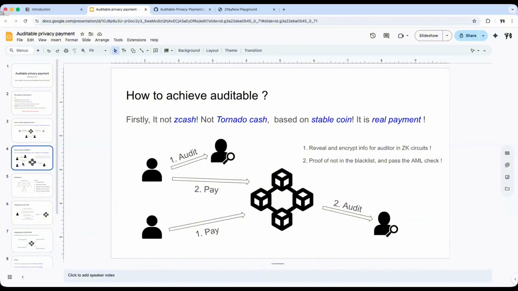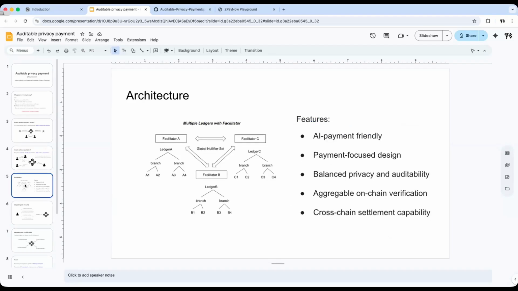The encryption algorithm is already written in the ZK circuits. So it is true, and the auditor can make sure that the information is true. This is auditable.